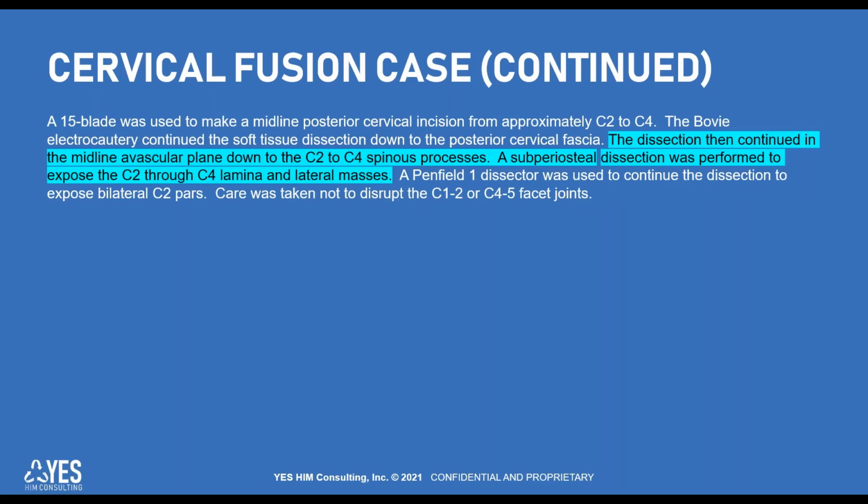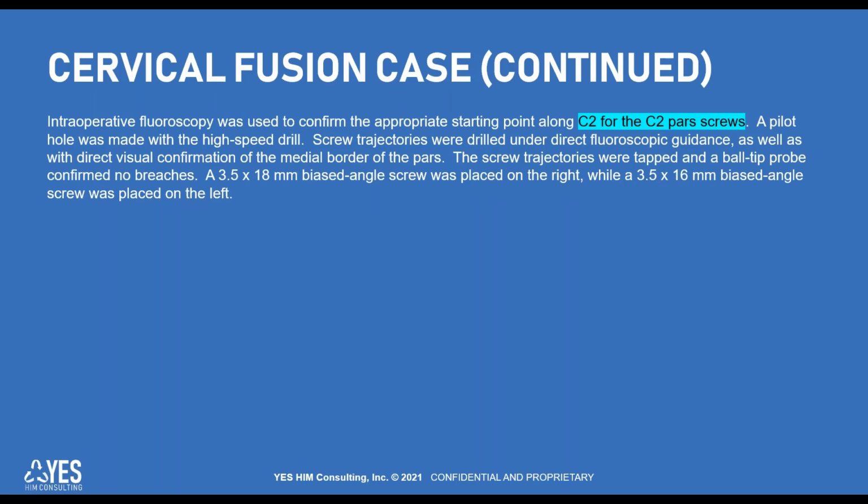Dissection continued in the midline down to the C2 to C4 spinous processes, and the C2 to C4 was exposed. Then they started the par screws in C2. Pilot holes were made.